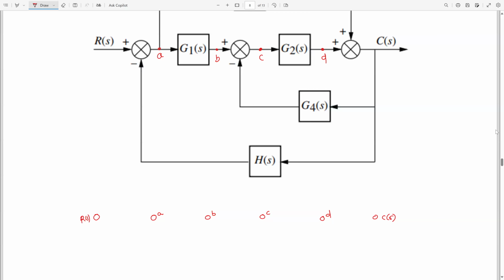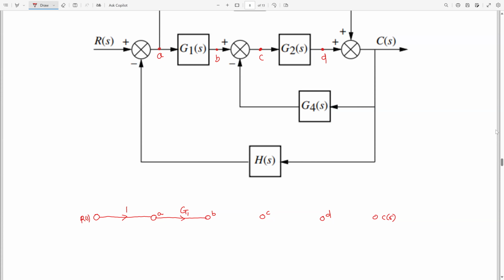From this node to this node, you already know it's 1. From this node to this node is G1. And from this, let me draw the G1.